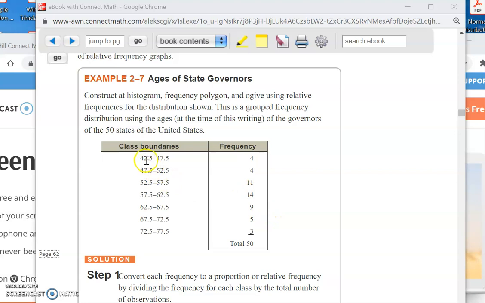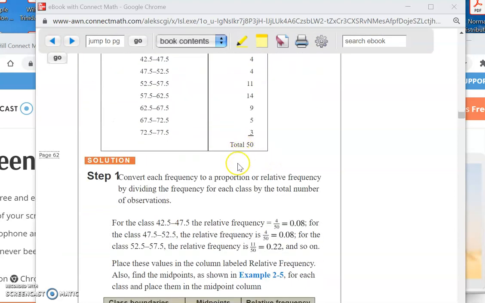So between 42.5 and 47.5, you have a frequency of 4. Relatively speaking, for the class of 42.5 to 47.5, the relative frequency is 4 out of the 50. So 4/50ths of all of the data is in this particular class.